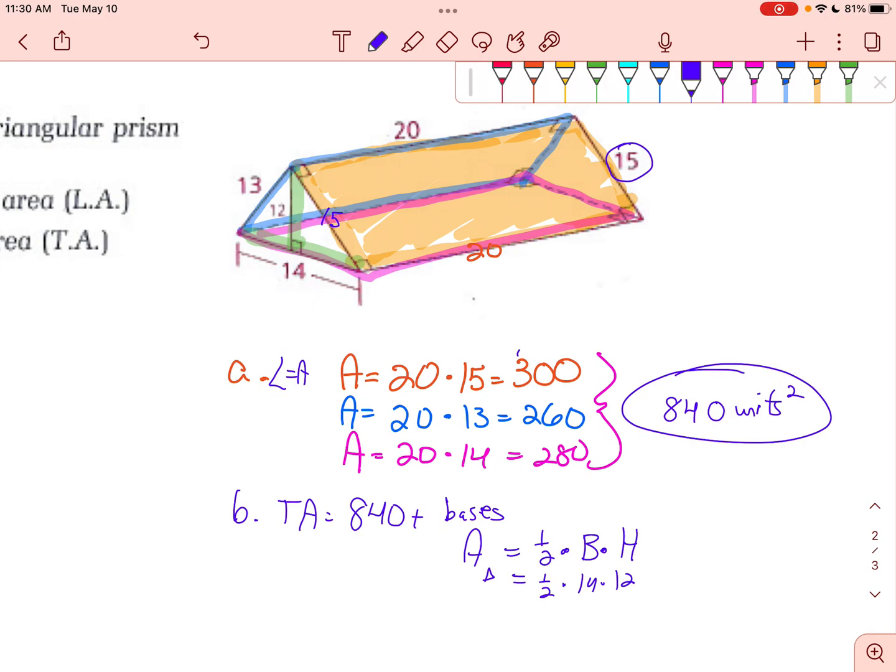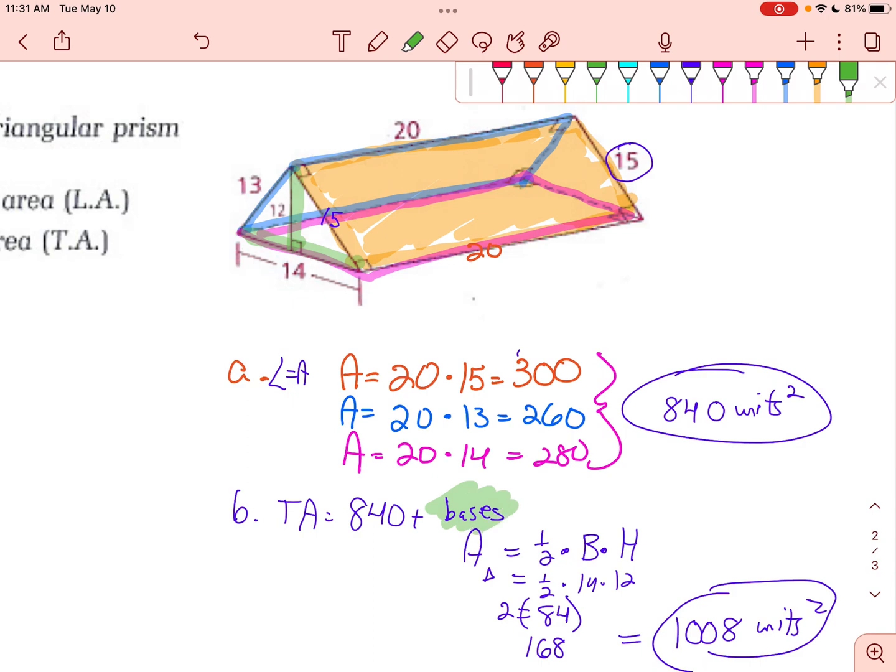And that is giving me 7 times 12, 96, I think, 84, because I'm crazy today. And so there are 2 of those, okay? So multiply that by 2, and we get 168. So if you add together for the total area, I would do 840 plus the 168, and that's giving me 1,008 units squared for the total area.